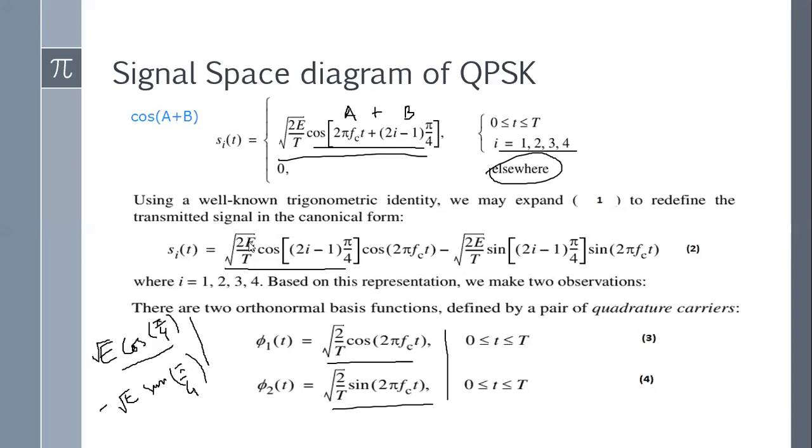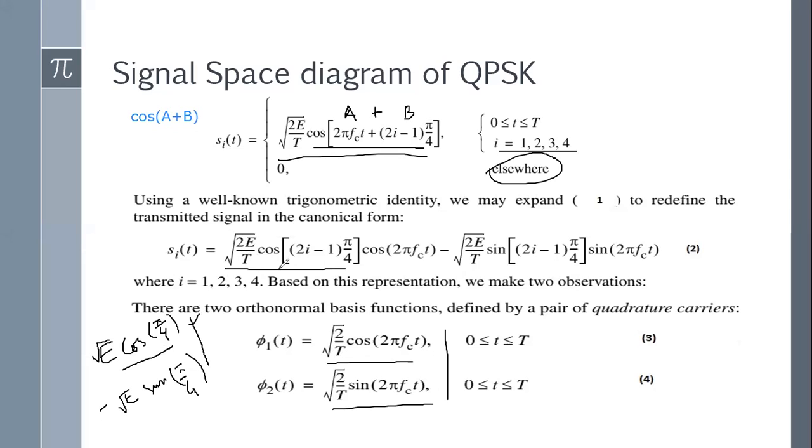Okay, message part repeat. Now see in this equation, I have taken root 2 by T cos 2 pi fct. So this becomes phi 1, root 2 by T cos 2 pi fct. What is remaining is root E cos(2i minus 1)pi by 4. So this is your message symbol.